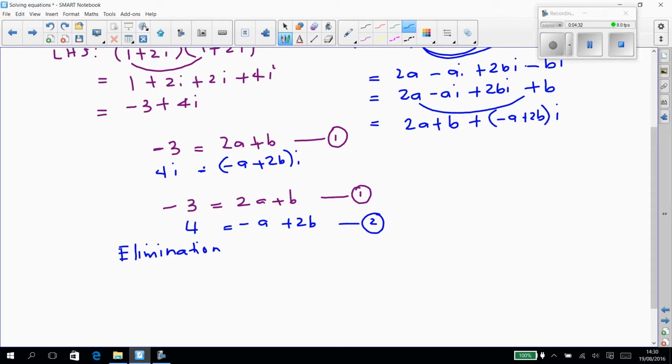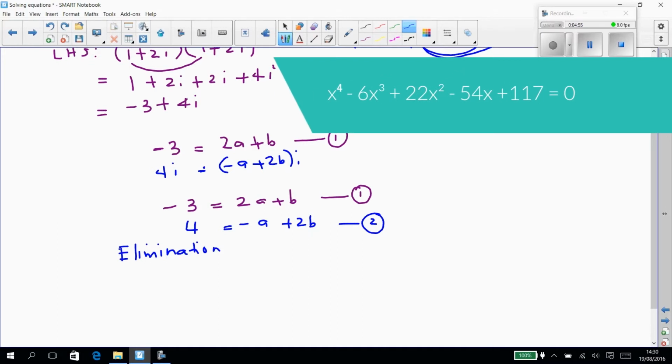Equation 2 has a coefficient of a of negative 1, and in equation 1 the coefficient of a is positive 2. If I could make the coefficient of a in equation 2 equal to 2, then adding the equations would give me 0a, and that's how I eliminate a. It sounds quite intricate, but let's start.